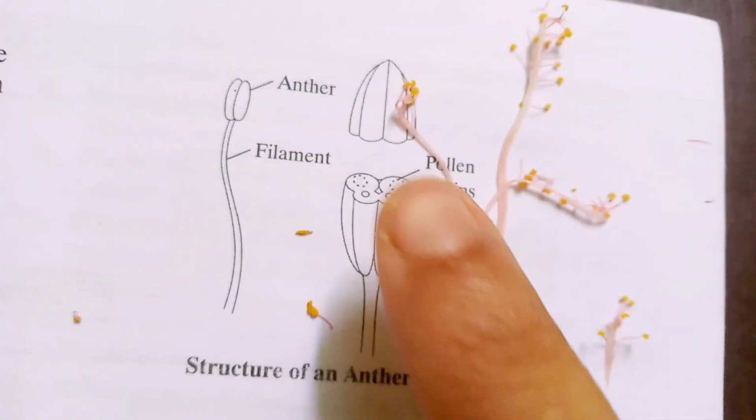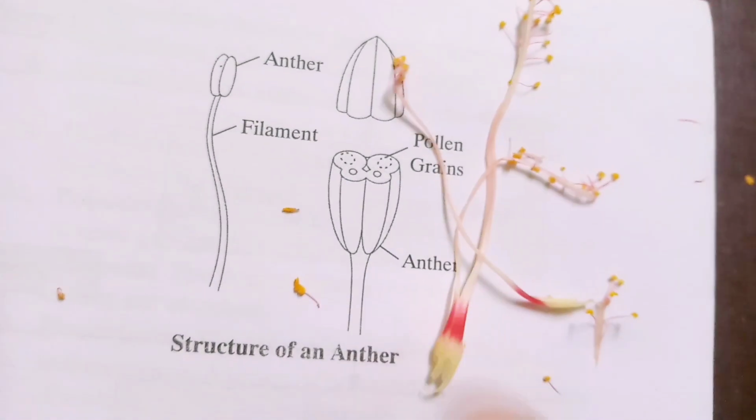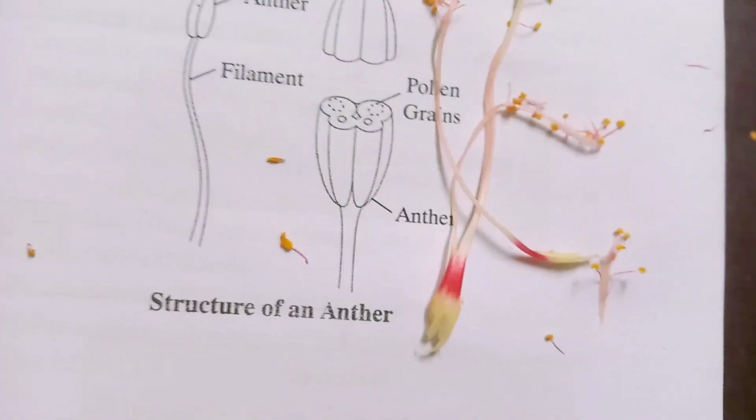Do you know what is present inside the anther lobe? Pollen grains. Yes. The pollen grains contain the male cell. So this is why androecium is the male part of the flower. Androecium consists of anther, filament and connective.